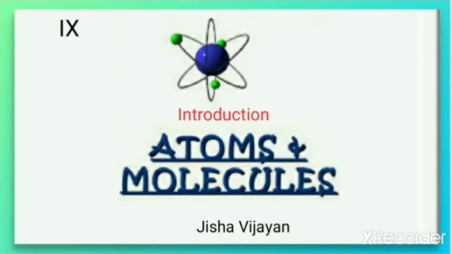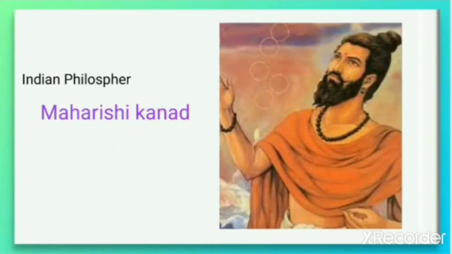The journey of the atom begins much before, nearly 500 BC. An Indian philosopher, Maharshi Kanad, postulated that if we go on dividing matter, that is any substance, we get smaller and smaller particles.